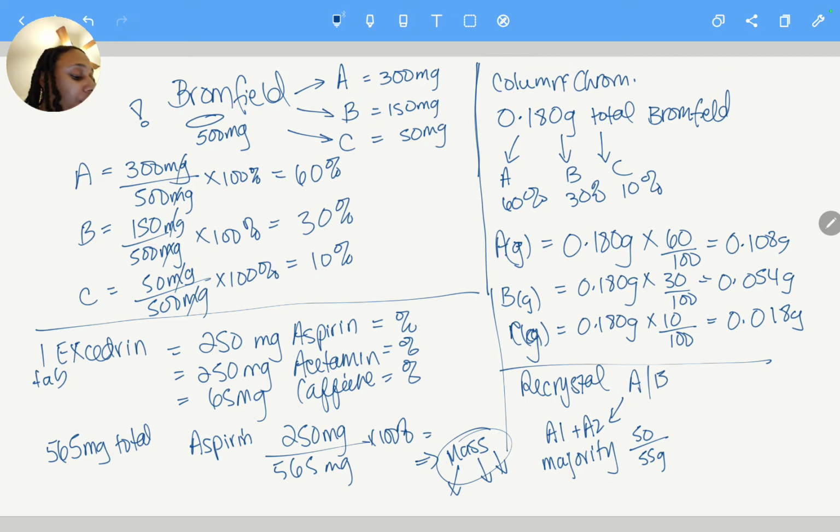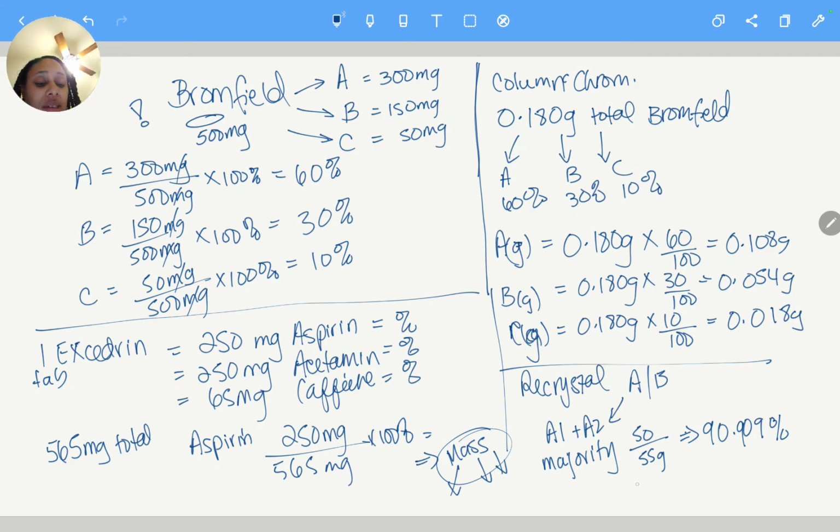So 50 divided by 55, the thing that you should have gotten back was about 90.909, so 90.91%. And the minor thing is the rest of it. So whether you had A or B, the majority of your sample was 90.9%.